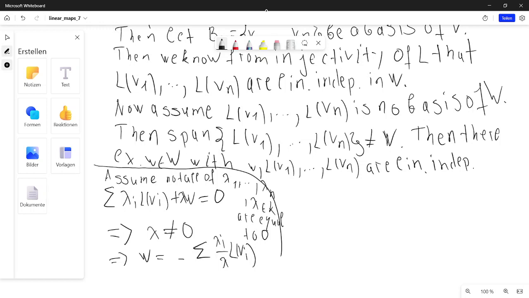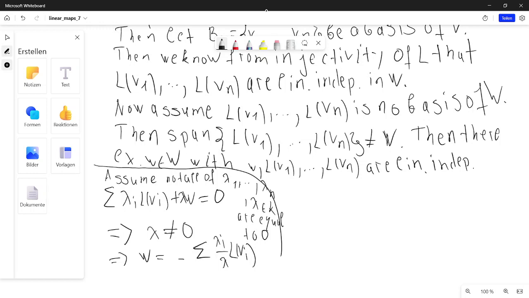And having shown the contraposition, we take the contraposition of the contraposition. Sorry, I have to be a little slower. So here we have proved the following.